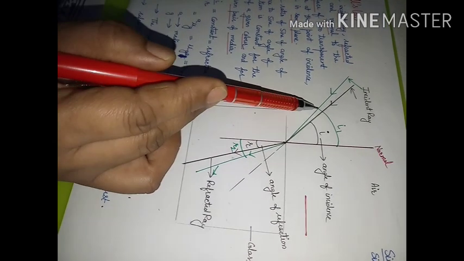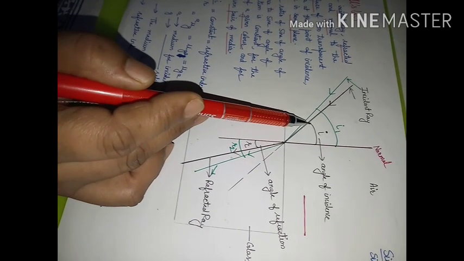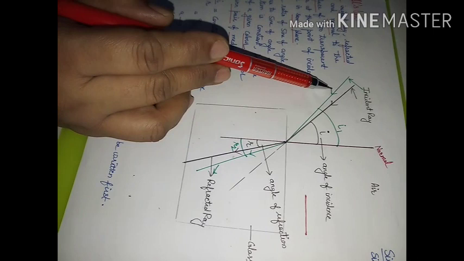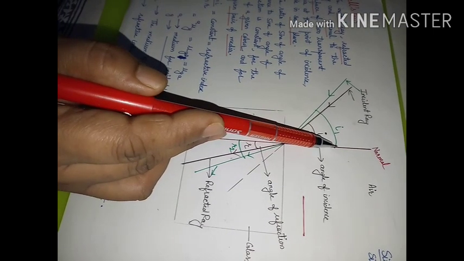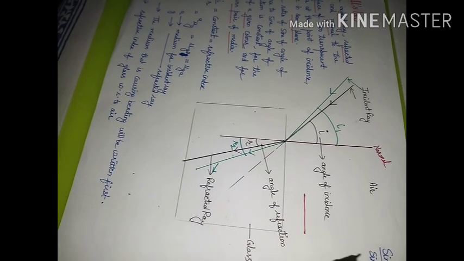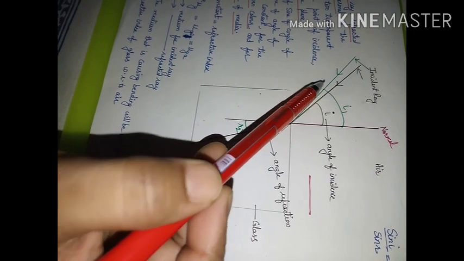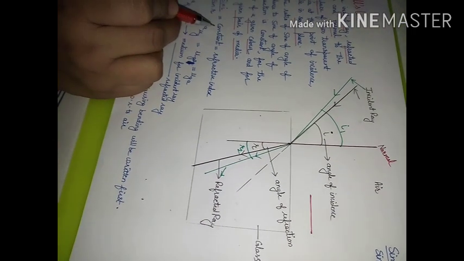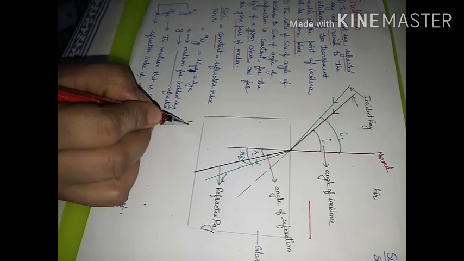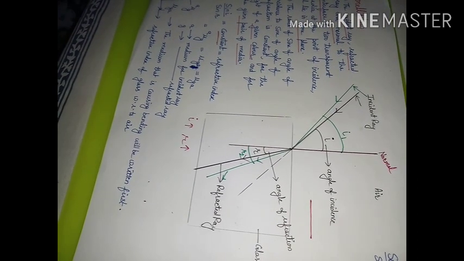As the angle of incidence increases, for the previous ray this was the angle of incidence, for the new ray this is the angle of incidence. So when the angle of incidence increases, as the pair of media is constant and the color of light is also the same, to keep this factor constant, what will happen? If I is increasing, the angle of refraction will also increase.